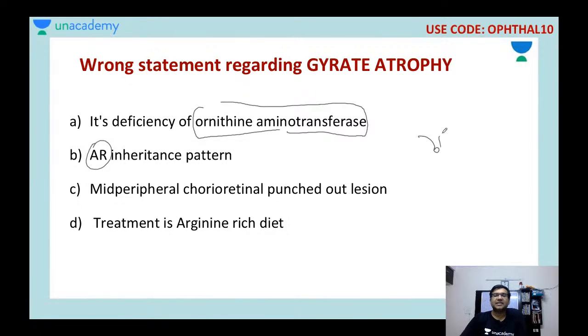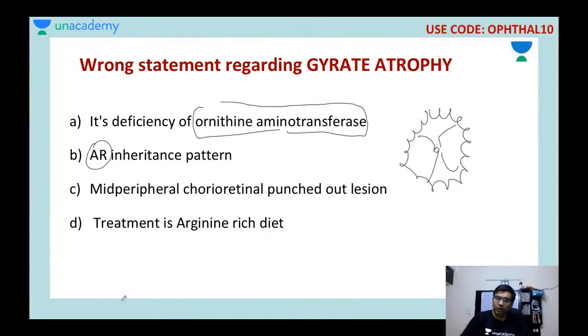What happens in this dystrophy is you have punched out lesions around the mid-peripheral retina, which cause the patient to have decreased night vision and poor quality of vision.